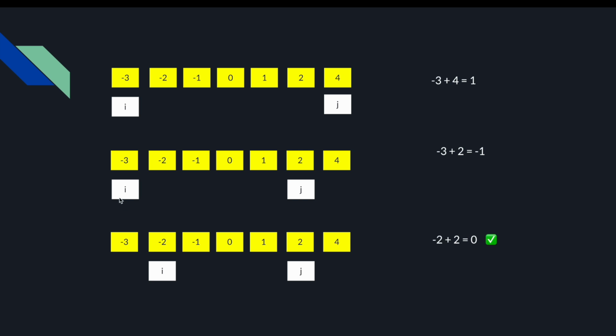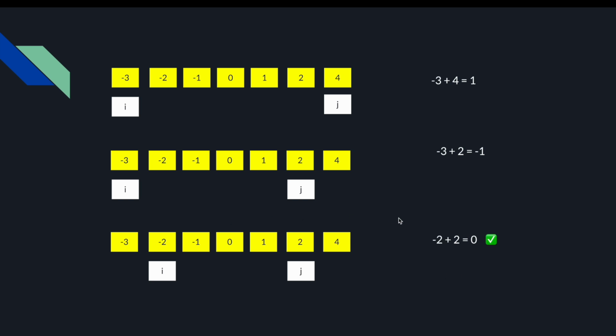After moving i, we have another value, that is -2. We will keep j as it is, we don't need to move it. And now if we add these two values, you can see it gives us 0, which is our desired output. And that's how we found our first pair that gives us the sum 0.